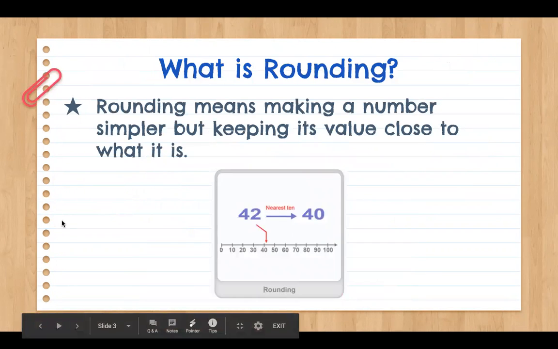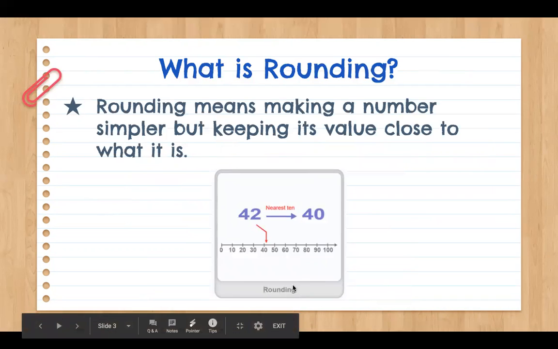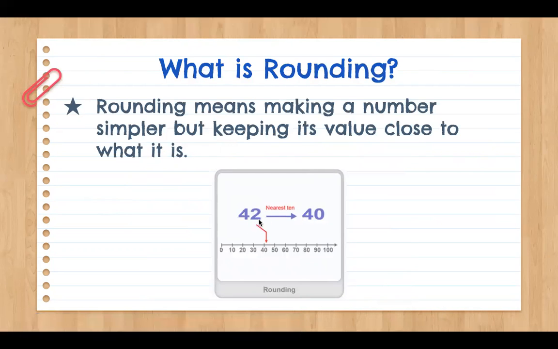So what is rounding? Rounding means making a number simpler, but keeping its value close to what it is. Here I have an example. We have our number line and we have the number 42. The two numbers in the middle of 42 would be 40 and 50.